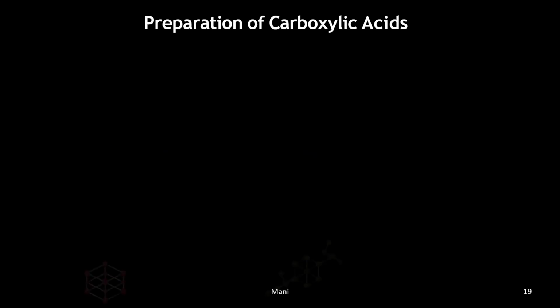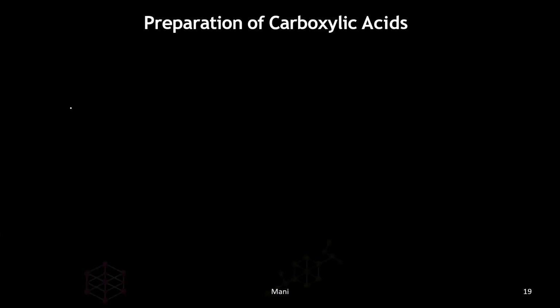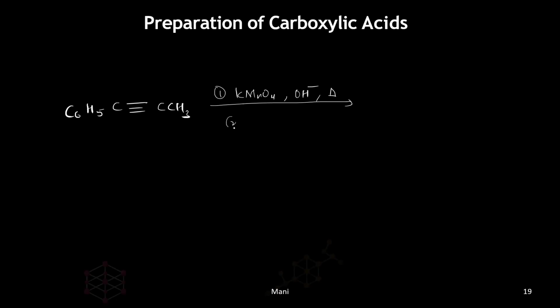So you can take examples here. C6H5C triple bond CCH3. Understood how it got?